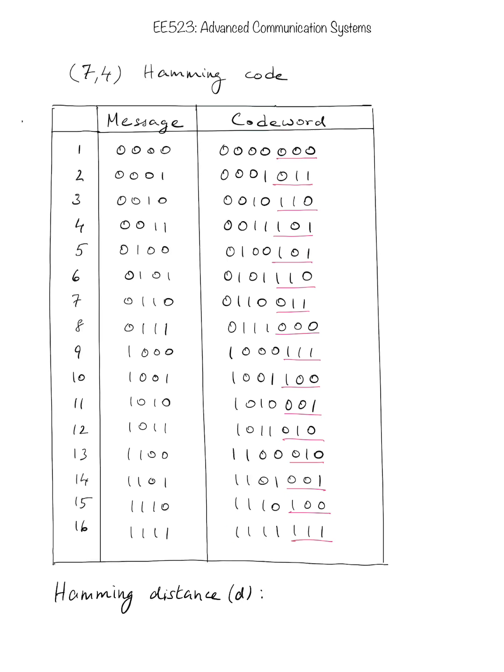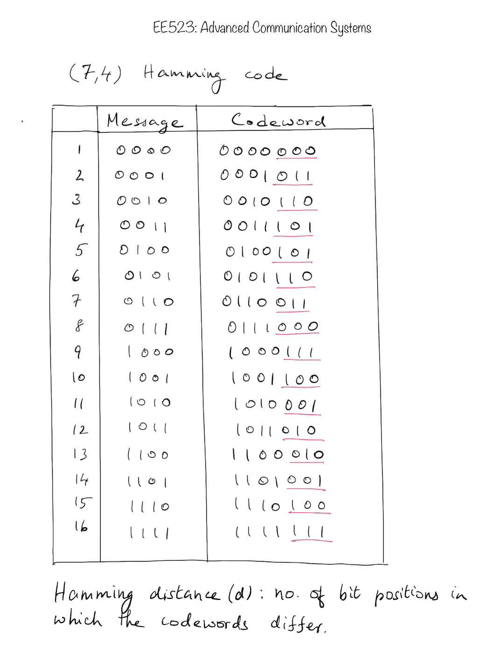So the Hamming distance tells us the distance between any two code words, and it is defined as the number of bit positions in which the two code words differ.